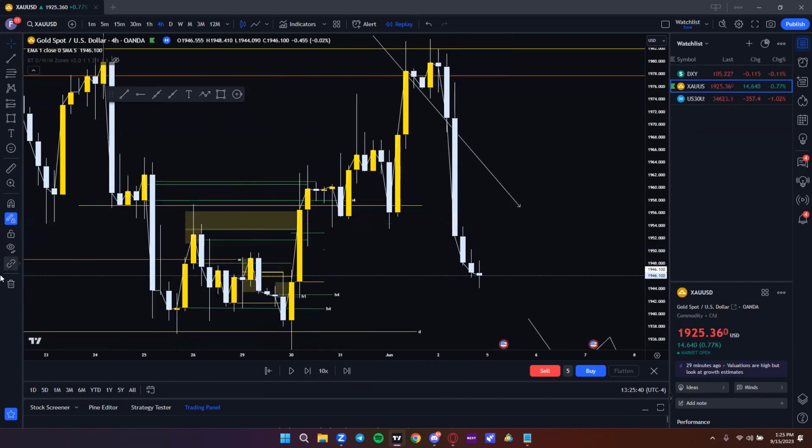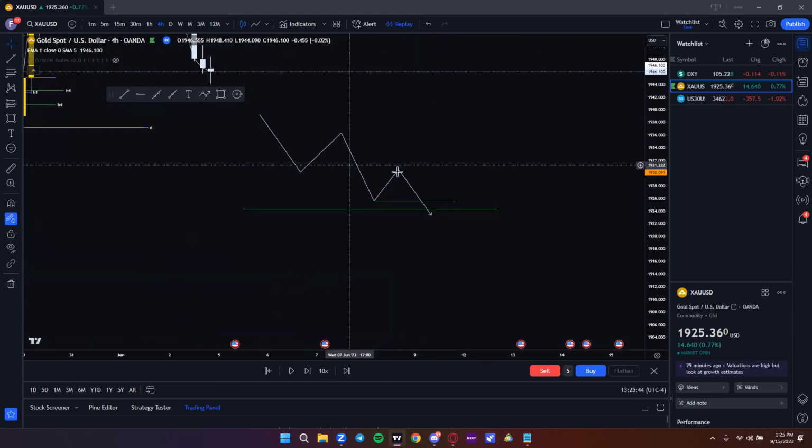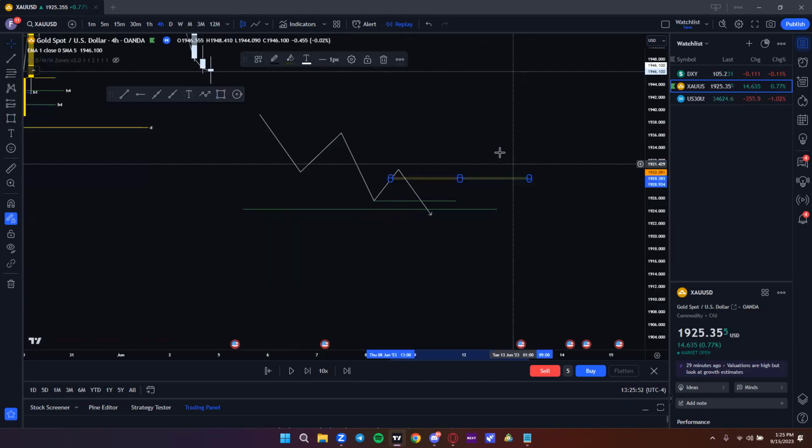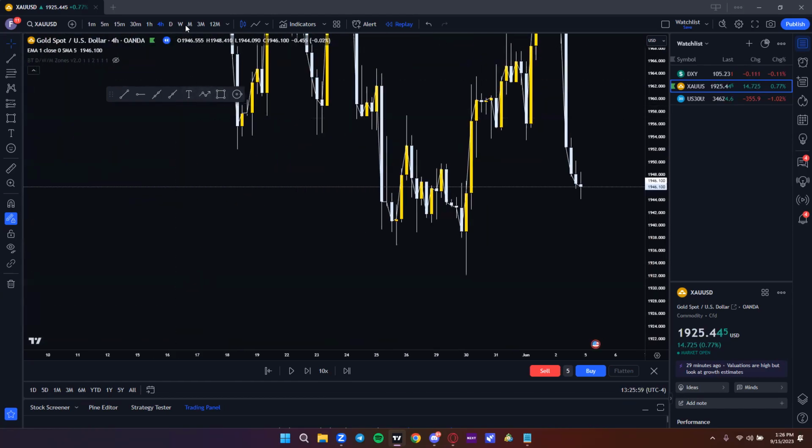Right? So what did I just show you? Same thing I just showed you here. Take the level here. If it doesn't work, you can take it to this zone here. Let me show you an example of when the breakout level works.